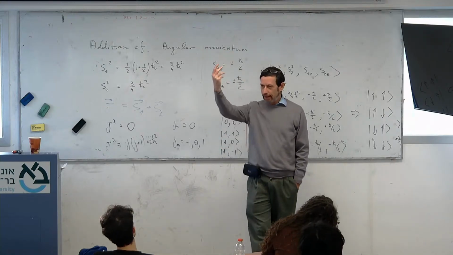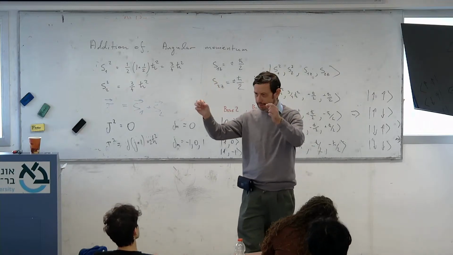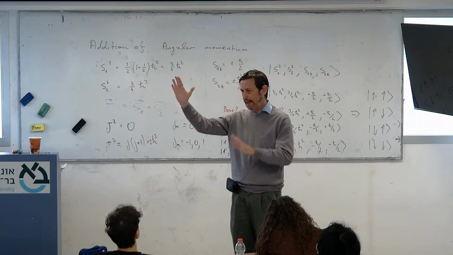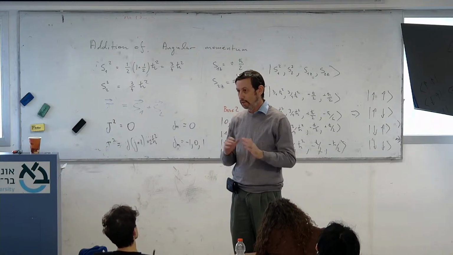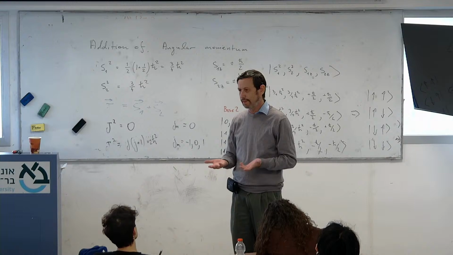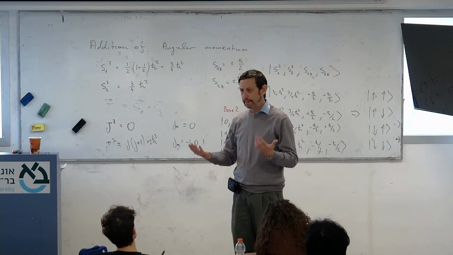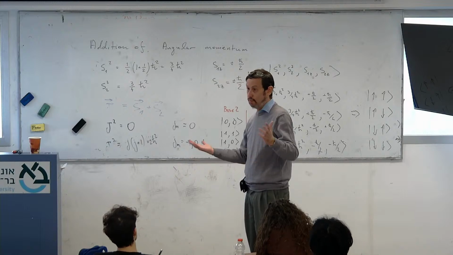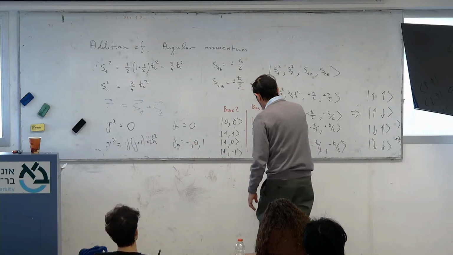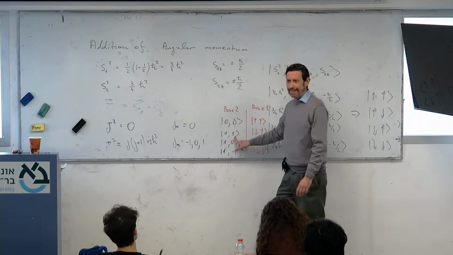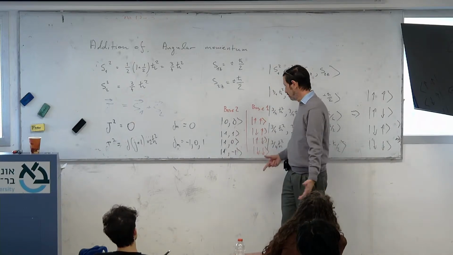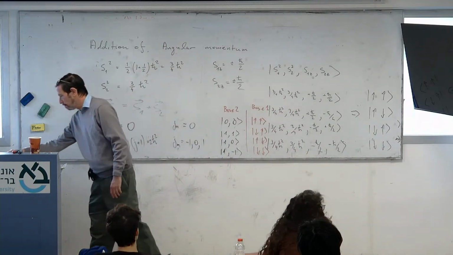I measure each one individually. I see a contribution of half and half. What would be the total spin in the Z direction? One. Okay, I have only one such state here. Easy.